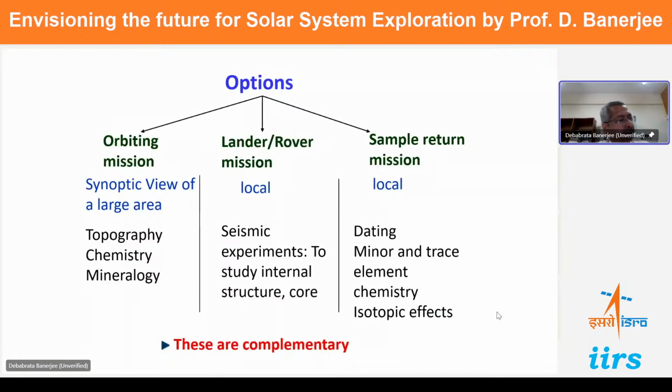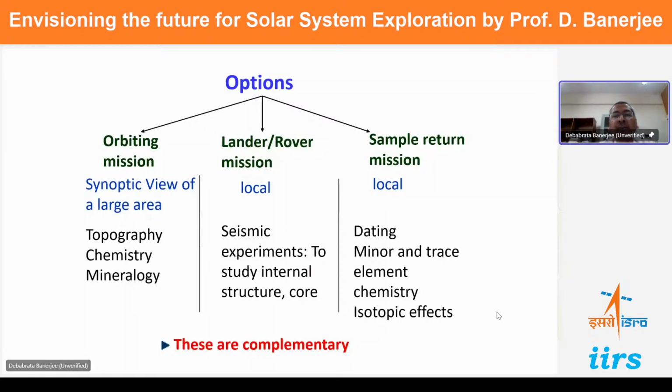So you can ask what are the options, okay? I put down some here, and these do not include everything, let me tell you. Orbiting missions give you a synoptic picture, and these include topography, chemistry, and mineralogy, and these were the three main things which were aimed from the Chandrayaan-1 mission of ISRO.